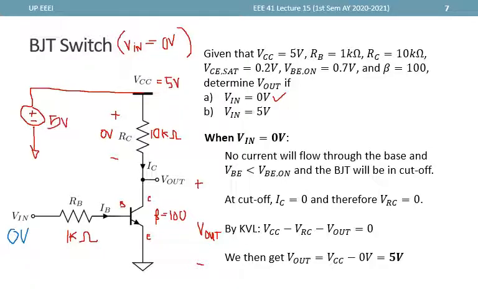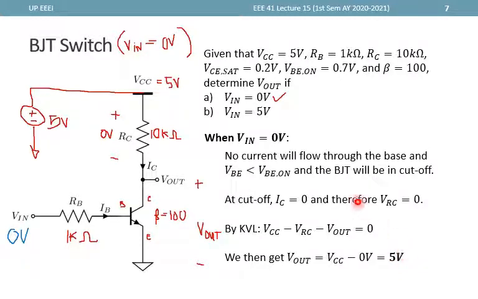And so our KVL can be closed through the ground back to this point. So we get 5 volts minus 0 minus Vout is equal to 0. And we'll eventually get that since there's no voltage drop here, Vout must be exactly equal to 5 volts.